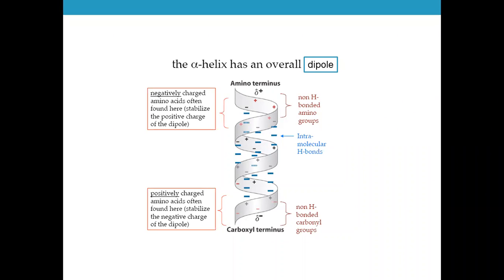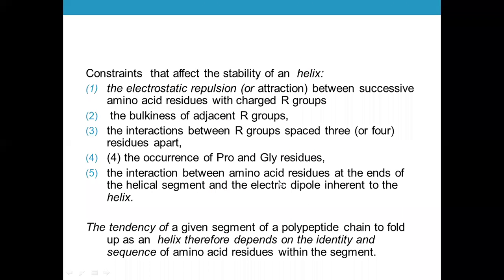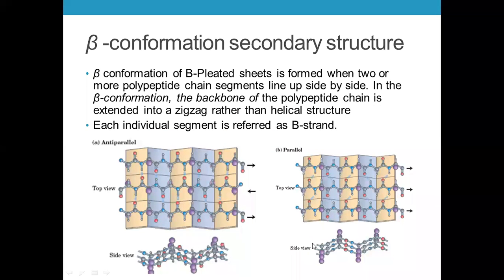As mentioned, if you have oxygen and nitrogen, those are electronegative atoms and they will assume a dipole, depending on their orientation. So again, this will depend on the sequence of the amino acid and the identity of the amino acid.